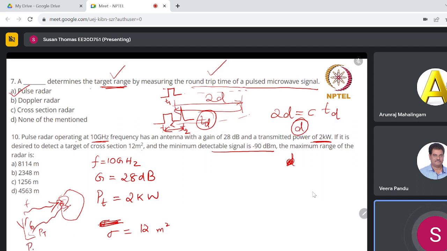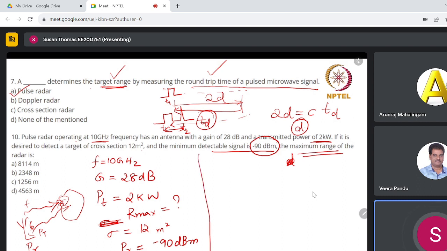It should be at least minus 90 dBm to get detected. So the minimum detectable signal is minus 90 dBm. Now, what can be the maximum range of the radar?